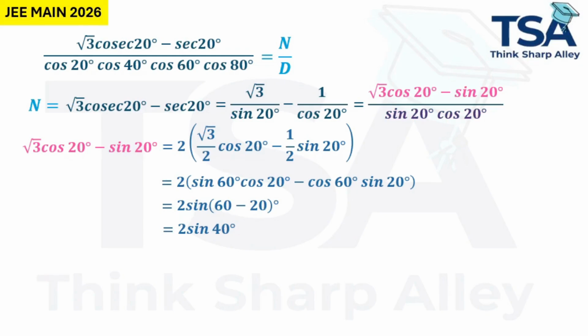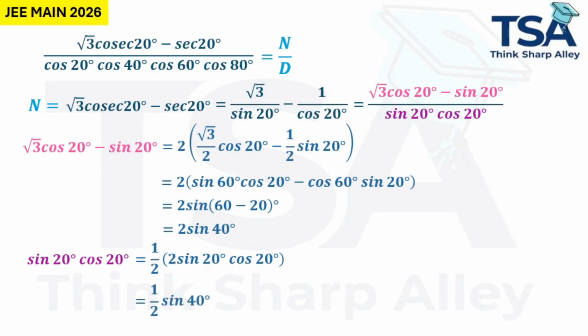We have sine 20 into cos 20. We can convert this using the sine double angle formula by multiplying and dividing by 2 again. So this becomes half of sine 40 degree. So the numerator of the expression becomes 2 sine 40 degree divided by half sine 40 degree. So sine 40 degree gets cancelled and we are left with just 4.